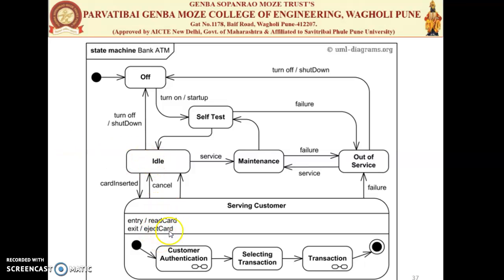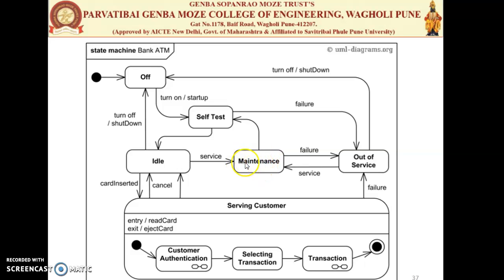Or if the card is not reading properly, or if some error comes, it will go to out of service and turn off the machine. Suppose in the idle state, if it is not giving money, or it is out of service, then from the idle state it will go to the maintenance state.